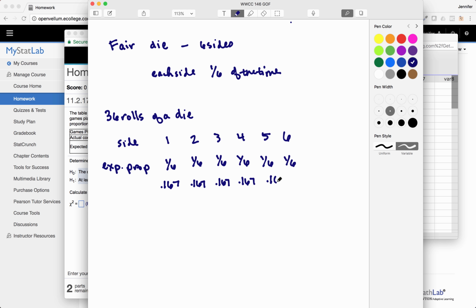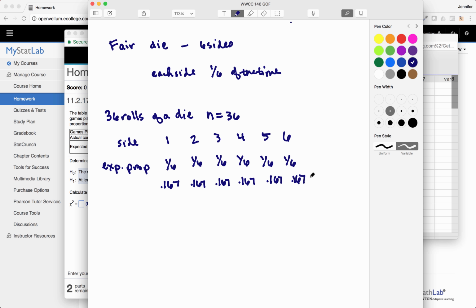Now I want to see those decimals because then I will end up multiplying my sample size, n equals 36, by these proportions for any goodness of fit test.